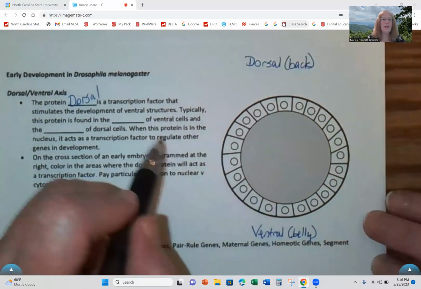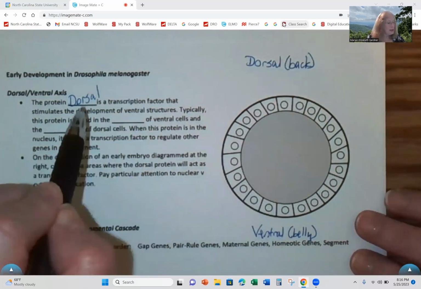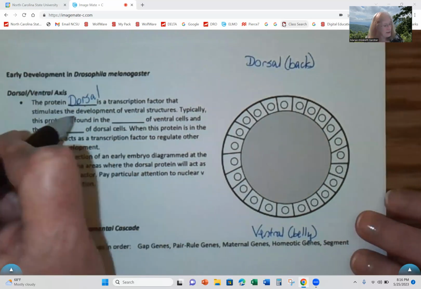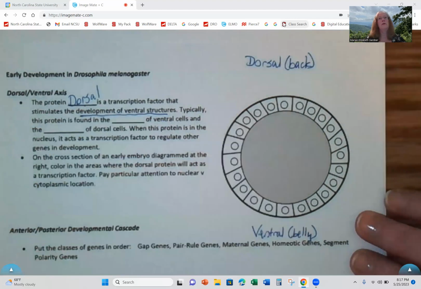It makes less sense when you think about how this works, because the dorsal gene makes a transcription factor that stimulates the development of ventral structures. So it's kind of a funny nomenclature.